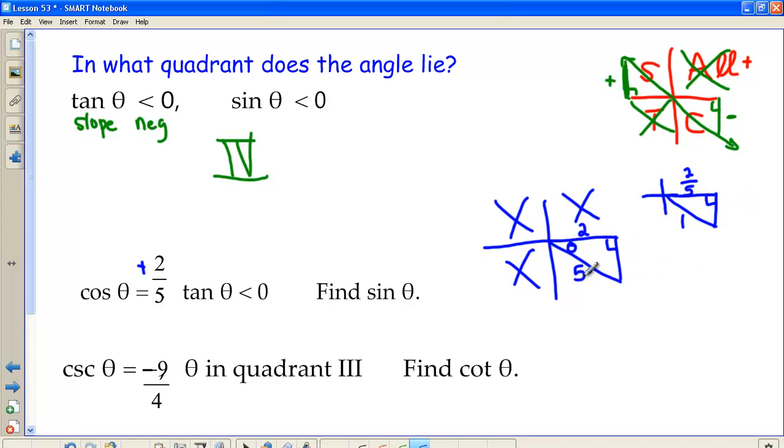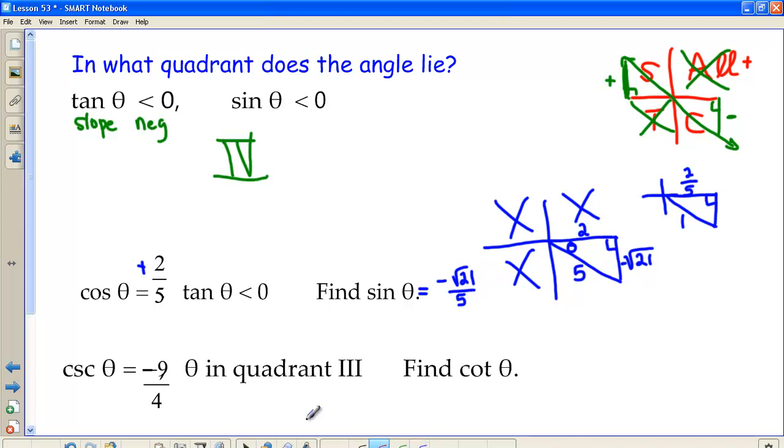So I would do 25 minus 4. So that gives me radical 21. It's negative because it's going downhill into quadrant 4. So when I go to find the sine value, I would have opposite over hypotenuse. So negative radical 21 over 5.